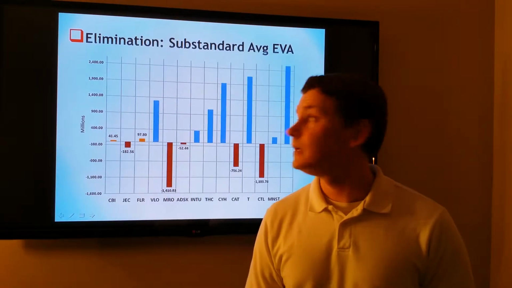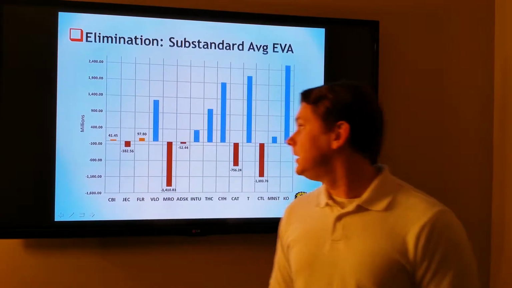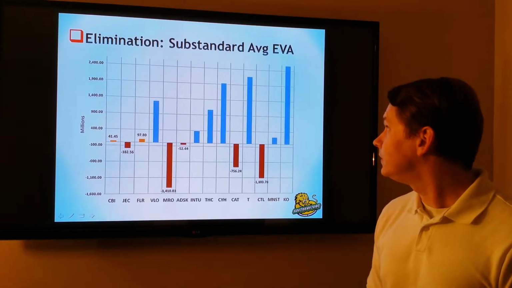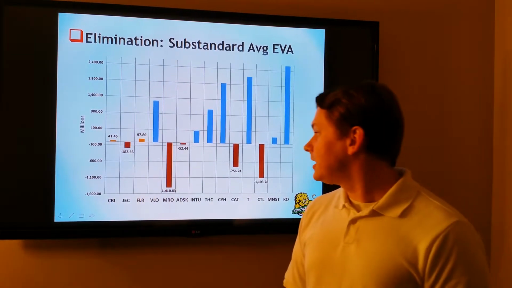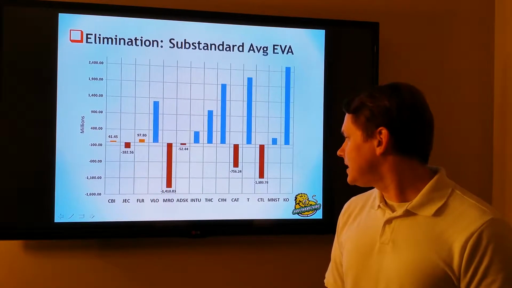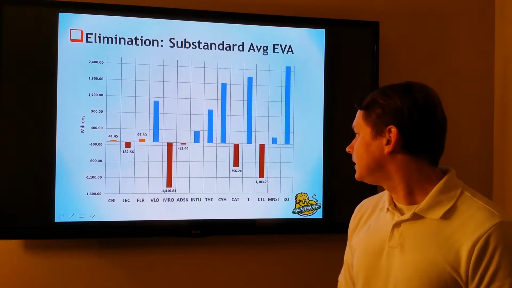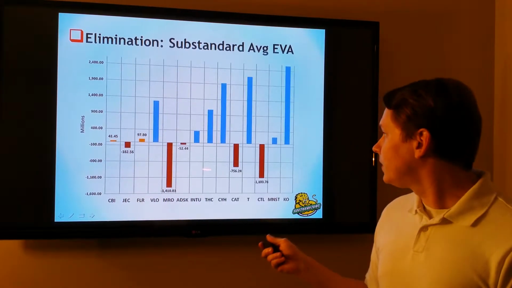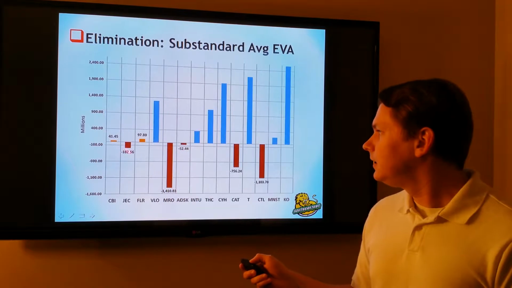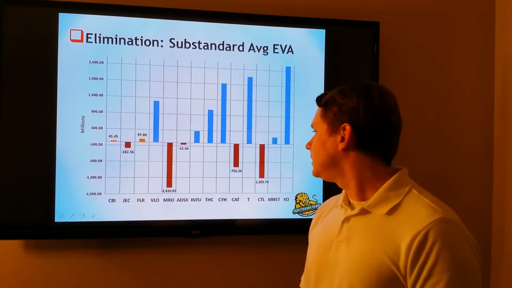Next, we looked at our economic value added. This is our baseline of 0. Reds, of course, are negative, not a very good thing. Jacobs Engineering, MRO, Autodesk, CAT, and CTL all pretty obviously had some negatives. Autodesk not quite as badly, Jacobs a little bit more so.